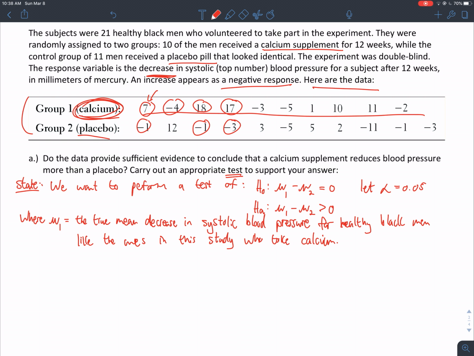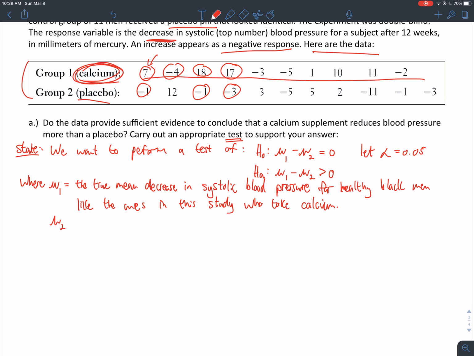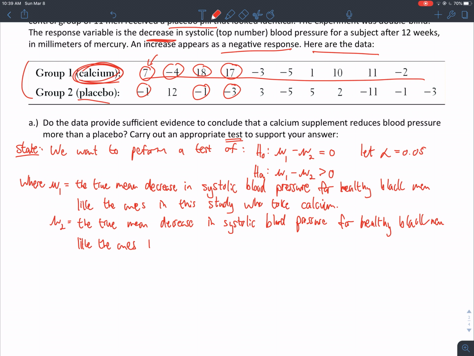calcium. And then mu2 would be, please don't just do a bunch of dittos, the true mean decrease in systolic blood pressure for healthy black men like the ones in this study who took a placebo.